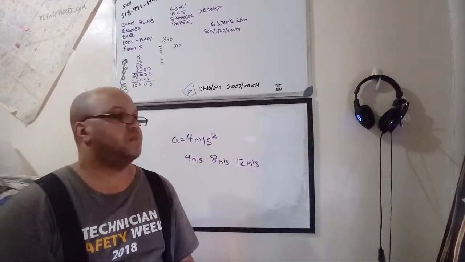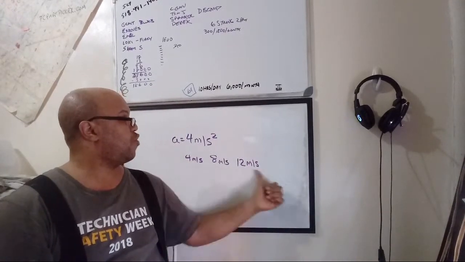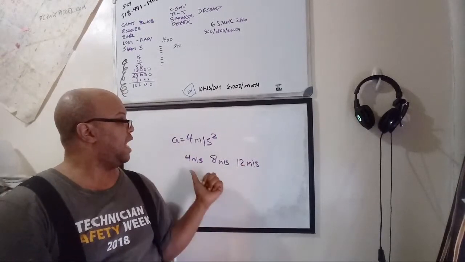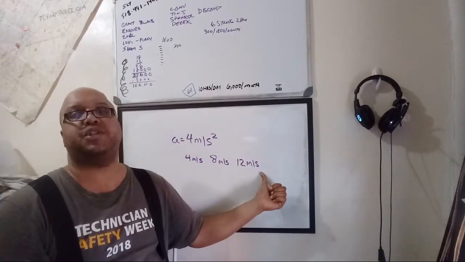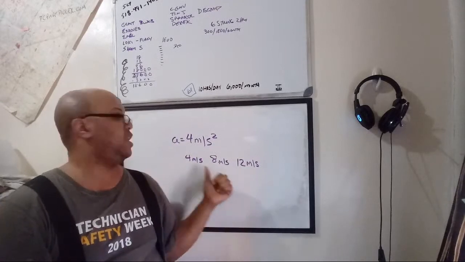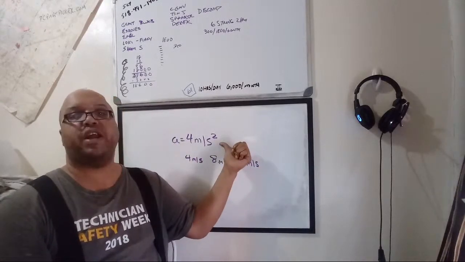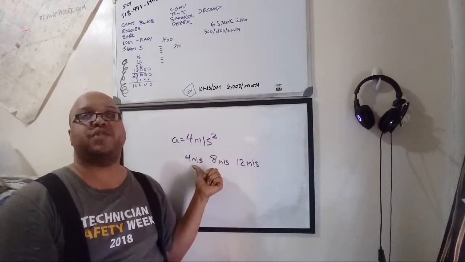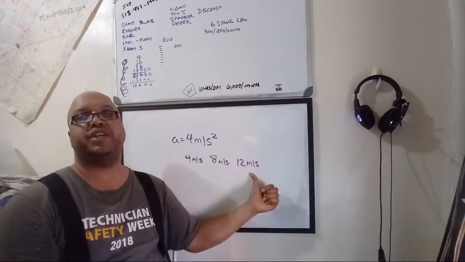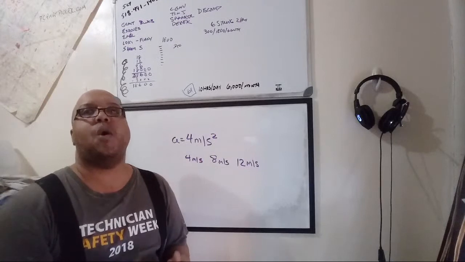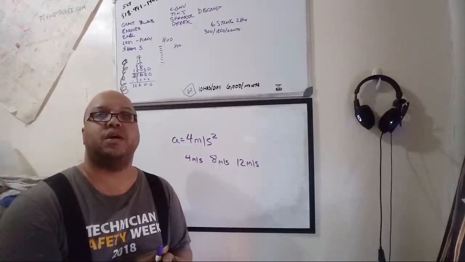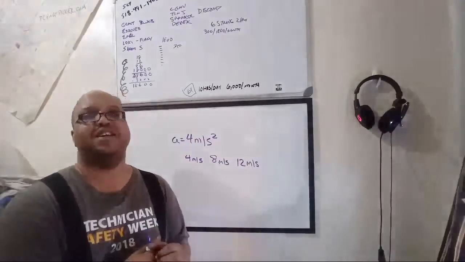Now, a little crowd participation from you guys. How much distance is covered in these 3 seconds when this object is accelerated from rest at 4 meters per second squared? Darren jumped right in.